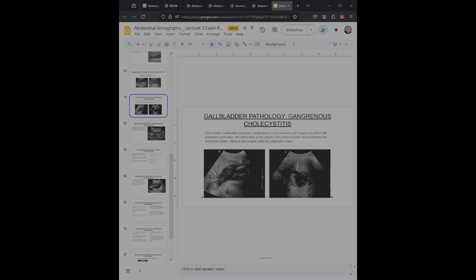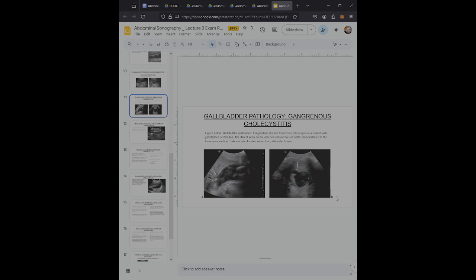Gangrenous cholecystitis is one of the sequelae or progression of acute cholecystitis. Gangrenous cholecystitis can be a direct evolution of acute cholecystitis. And in addition to the sonographic findings of acute cholecystitis, gangrenous cholecystitis includes focal wall necrosis, bulging of the gallbladder wall, sloughed membranes, ulcerative craters, perforation or rupture.